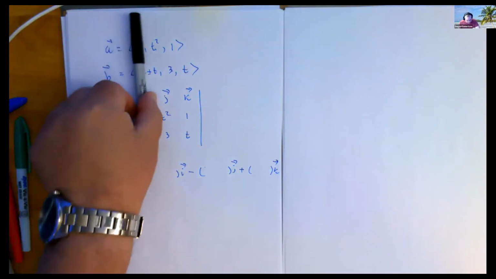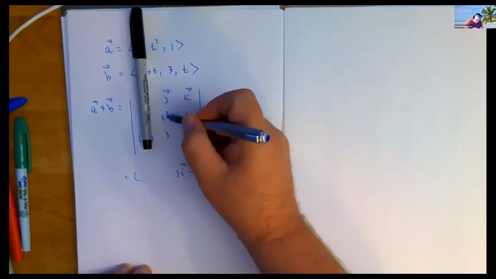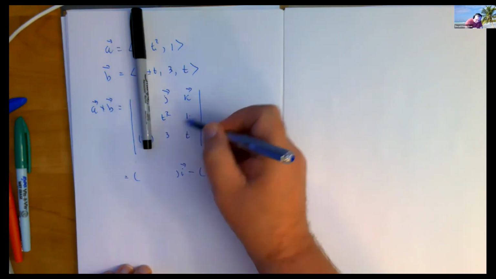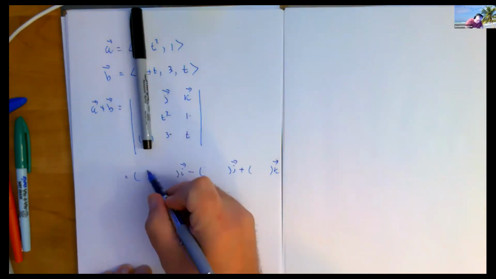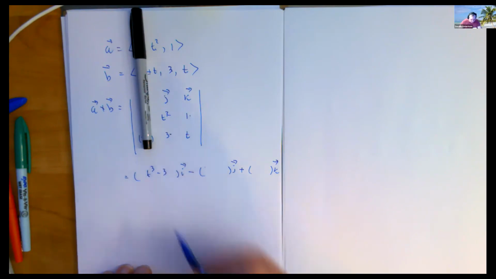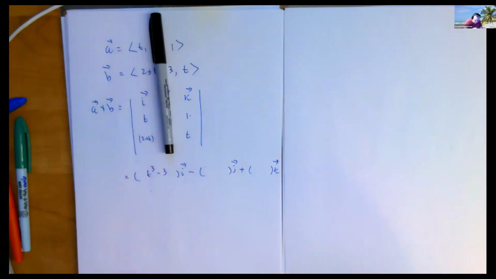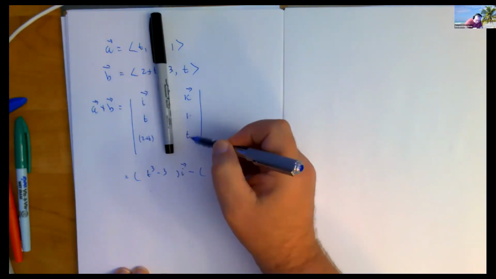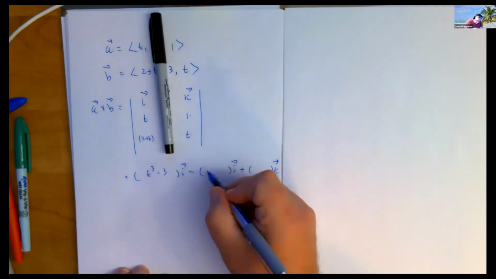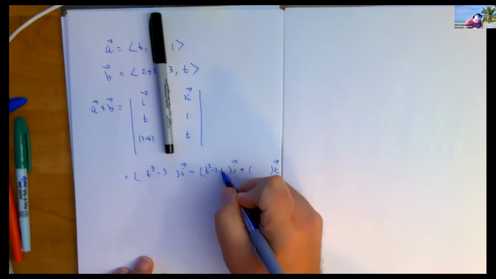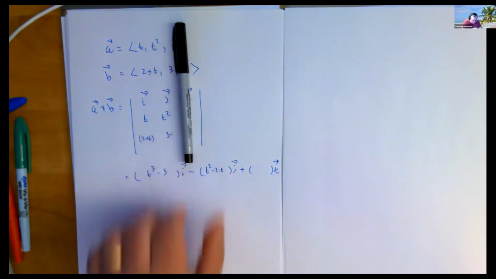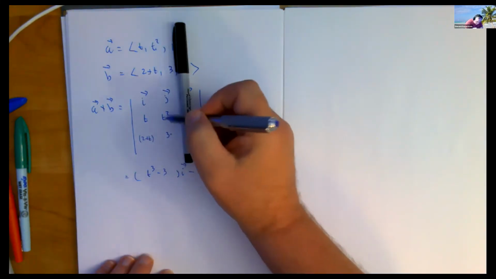Then I'd cover this guy up, and it would be major diagonal t cubed, take away minor diagonal 3, major diagonal t squared, take away one of these. So you take away those two guys. And then 3t, take away that guy.